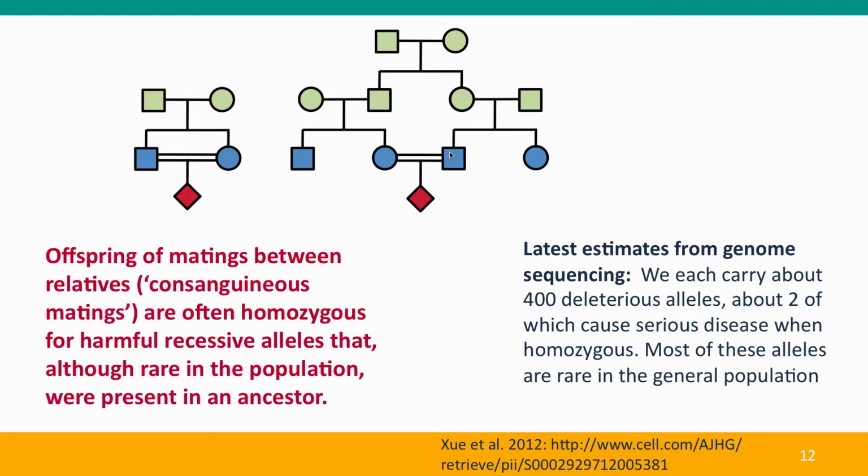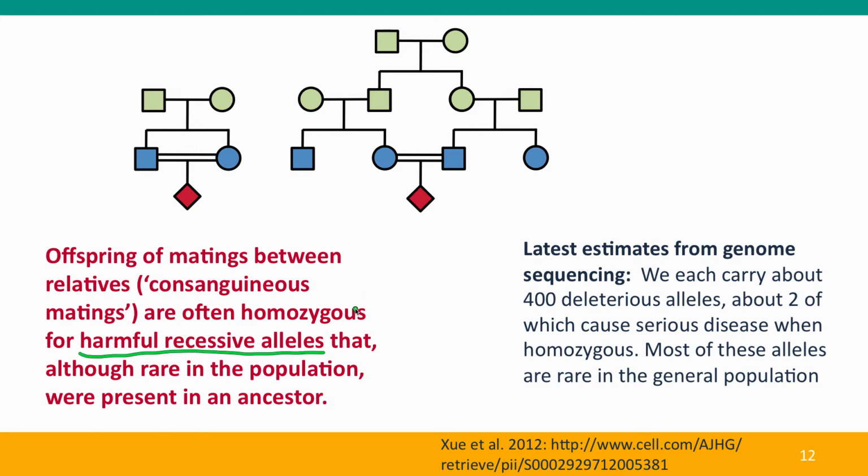Most of these alleles are identical, or they're neutral, they don't affect fitness, or they're alleles that are actually beneficial. All of these are possible. But some of the time, this homozygosity is going to be for harmful recessive alleles that were rare in the population, but were present in one of their ancestors.